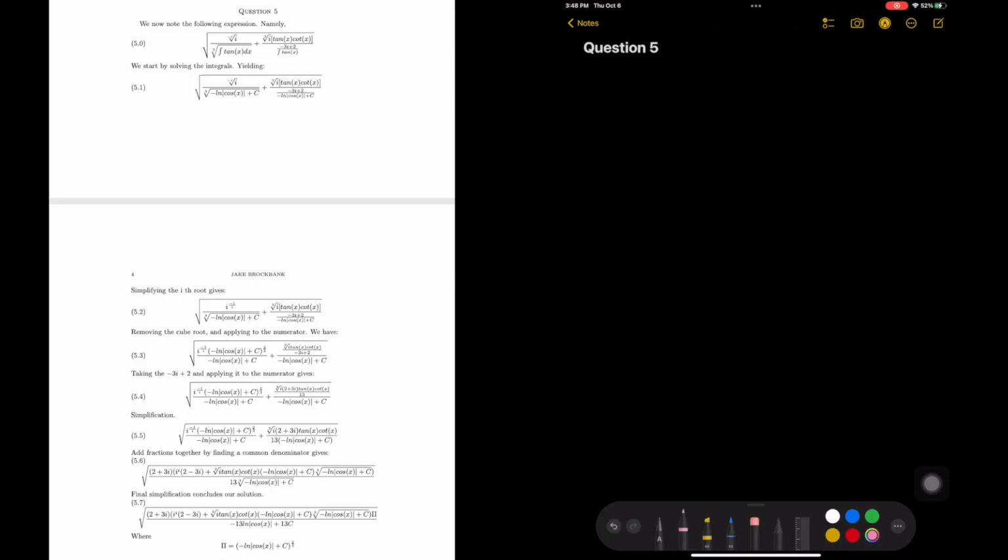All right, so moving on to question 5, we note the following expression. This is the one with the massive square root over the 2 subsequent fractions. So we could start by solving the integrals. At the bottom, we have the cube root of the integral of tangent x dx.